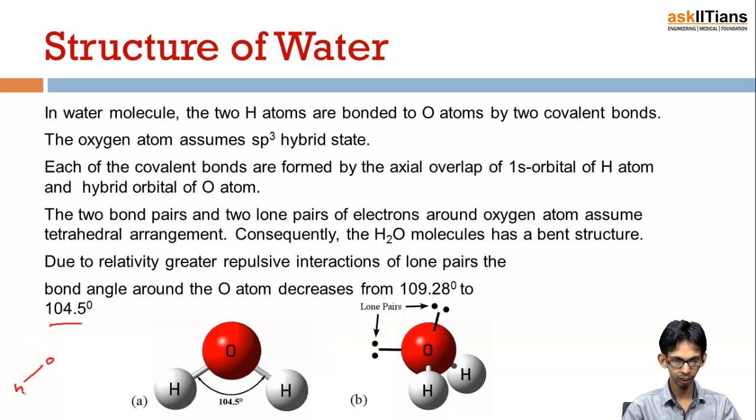Oxygen, hydrogen, another hydrogen, then a lone pair, another lone pair. Now if it is a tetrahedral arrangement, the bond angle must be 109.28, but because there are 2 lone pairs of electrons which cause bond pair repulsion, this bond angle is reduced to 104.5 degrees.